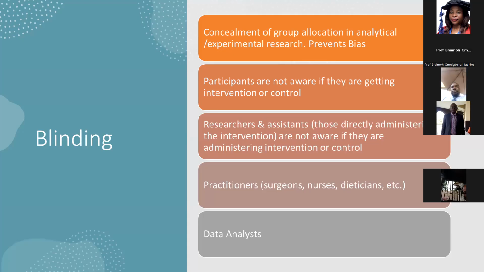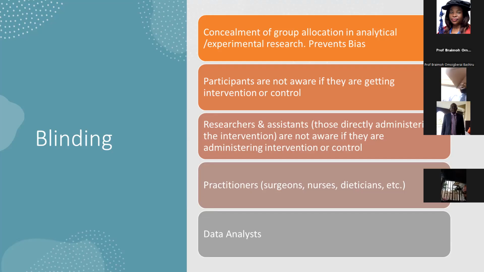So I know there's this talk about single blinding, double blinding, some people will say triple blinding, but I like to understand it in the line of who are you concealing information from? So you can conceal information from participants, the so-called single blinding, if that's all. So as they are picking the numbers to be randomized into one group or the other, they don't know which group is intervention, which group is control.